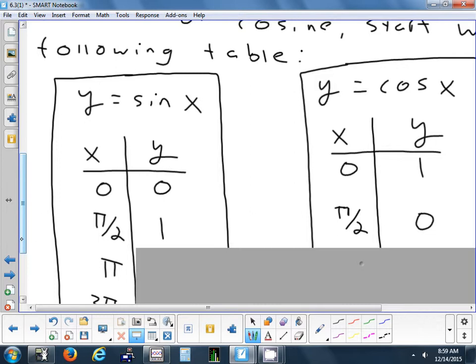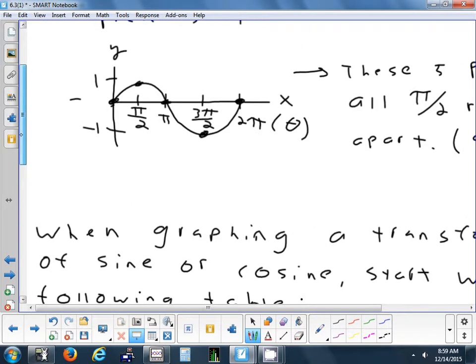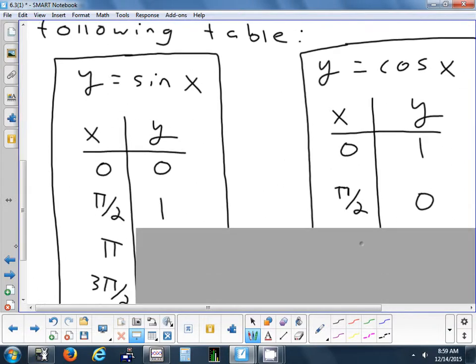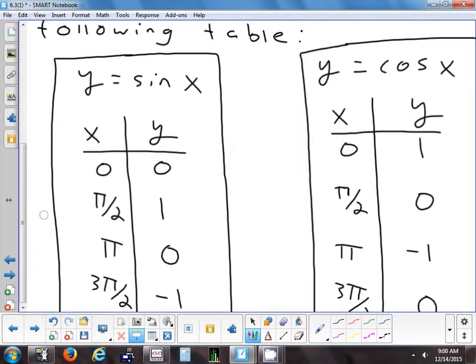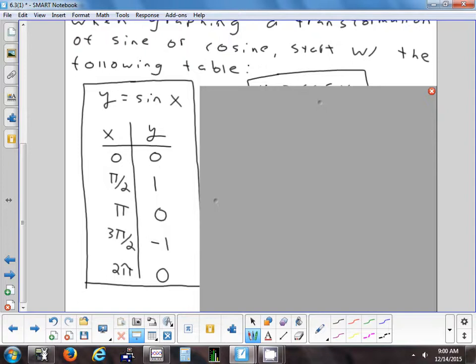And then when x is pi, we're back at 0. 3 pi over 2, negative 1. And then 2 pi, back to 0. Those are our starting points for sine. Anytime we're going to do a transformation of sine, we'll start with these, and that's going to help us figure out our transformation.